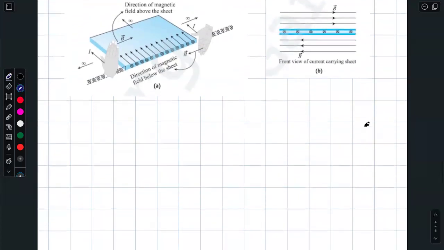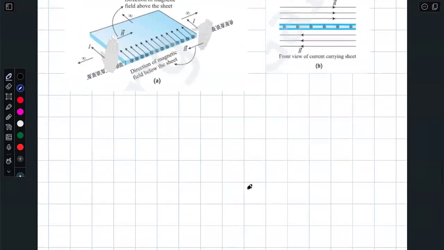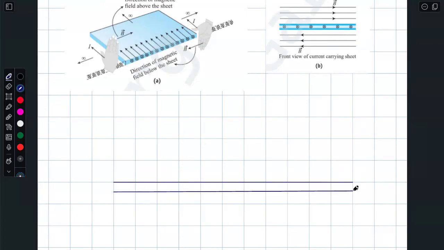Now for this purpose, let me derive. But from my point of view, I am just seeing an inward carrying current.